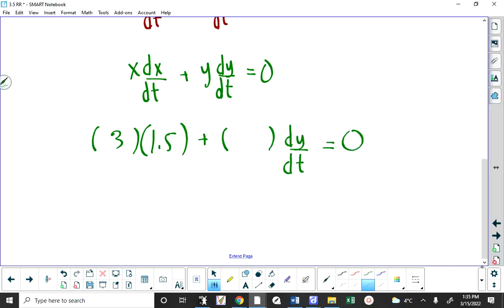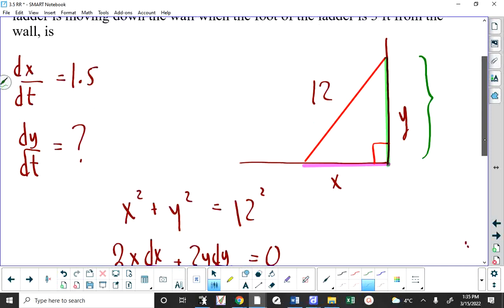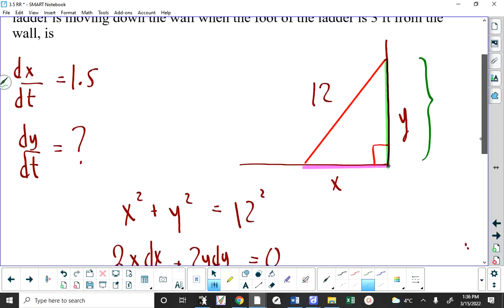How am I going to find y? Because it doesn't say when the top of the ladder is a certain distance from the floor. But I do know that x squared plus y squared equals 144. I can easily calculate y.